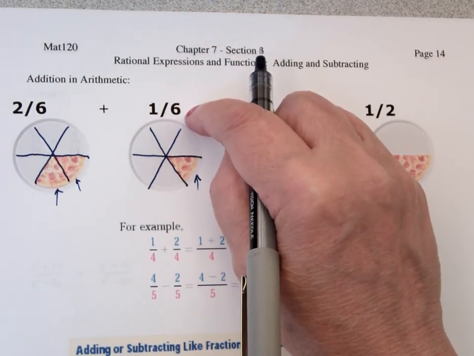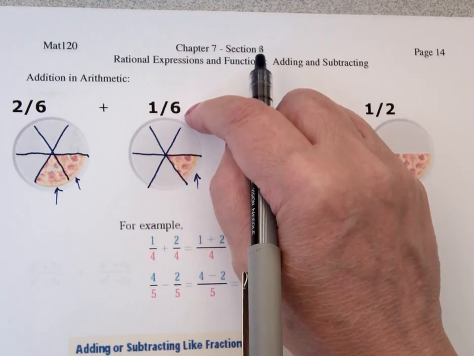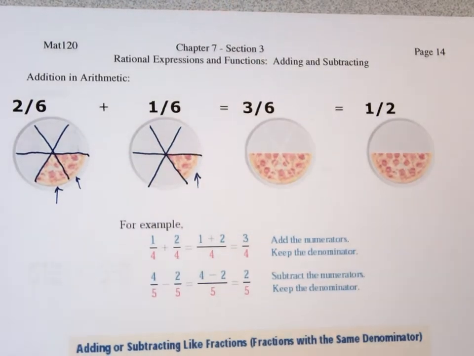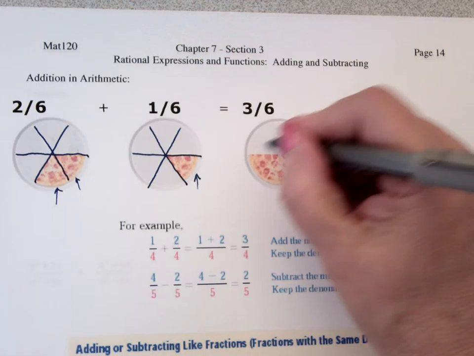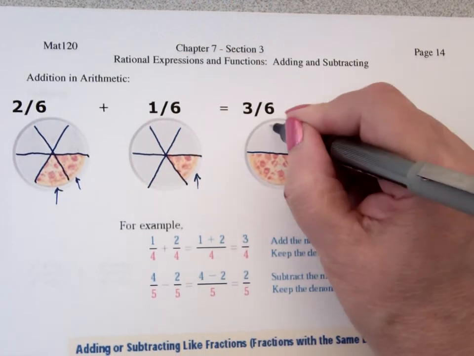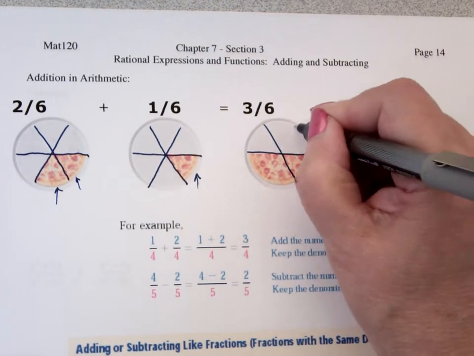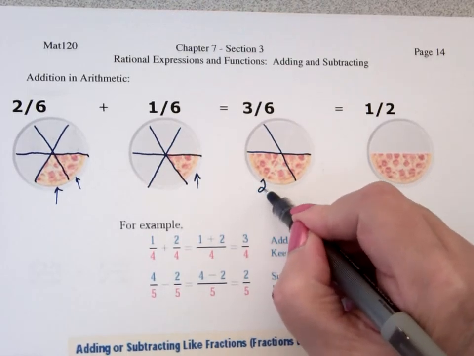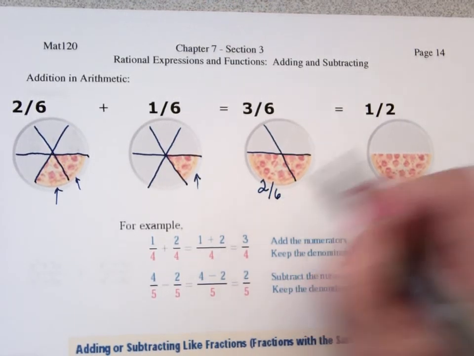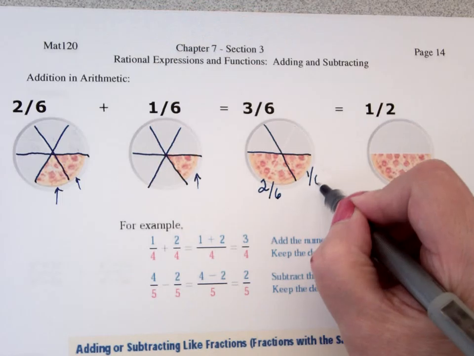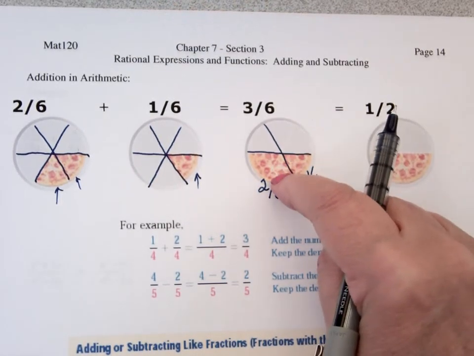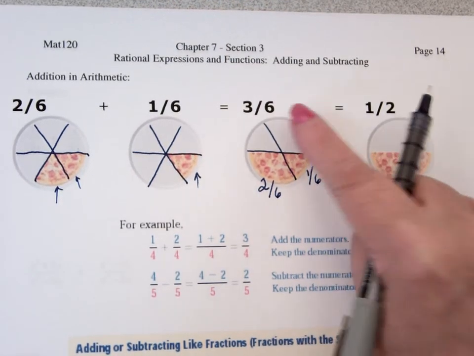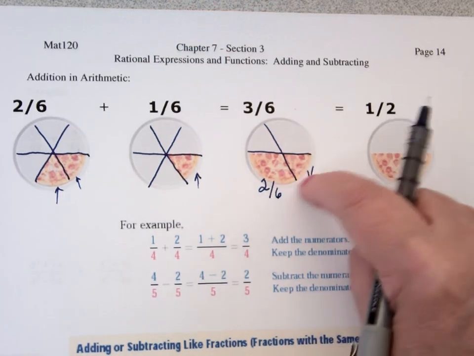So how much of a pizza do I have? Well, since they're all in 6, they're the same size. Here is the 2/6. Here is the 1/6. So here's 2 pieces, here's 1 piece. How many pieces do I have? I have 3 pieces.